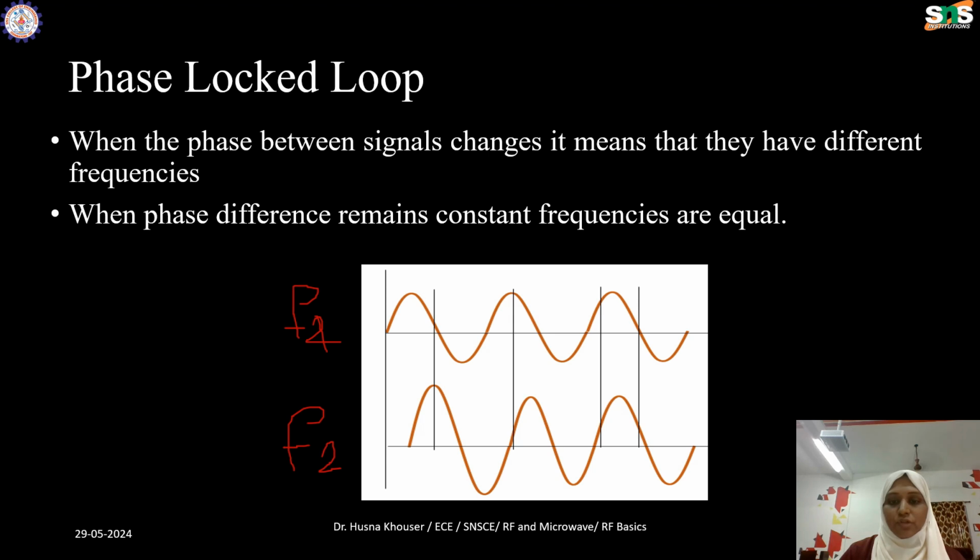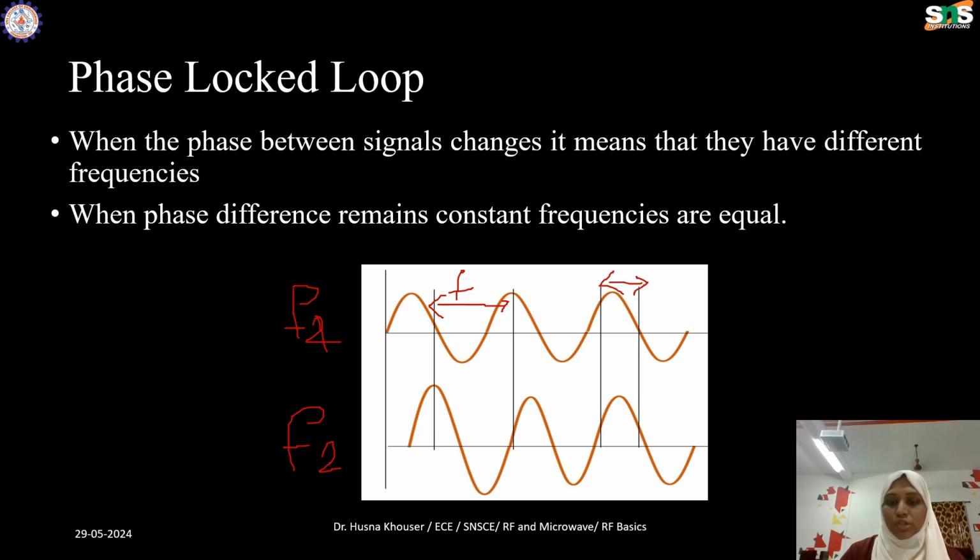Here we have to check the phase difference between these two signals. Here you can see we have phase differences, which means the frequencies are not equal. And here you can see the phase differences are the same, so the frequencies are equal.